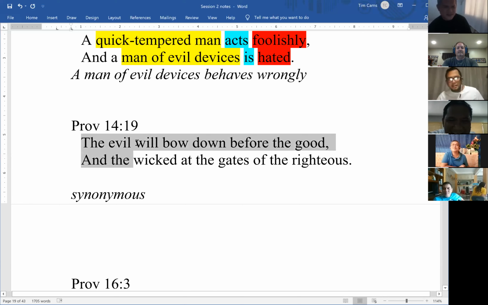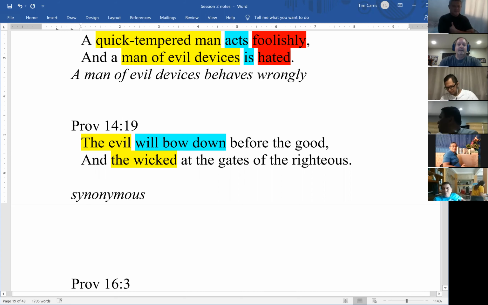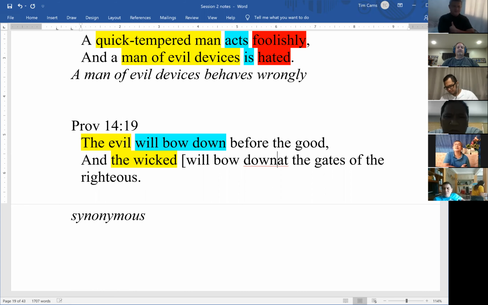The evil. The wicked. Now, there's a little trick here. "Will bow down." But notice it's not in the second line. What happened here? It's omitted. It's implied though, right? The wicked will what at the gates of the righteous?